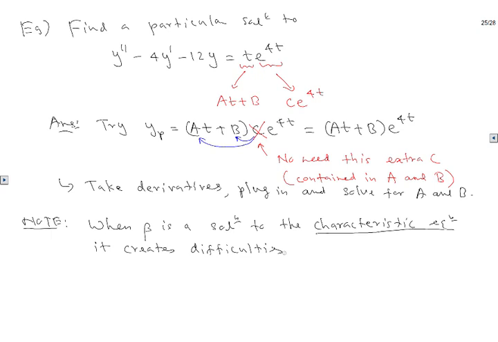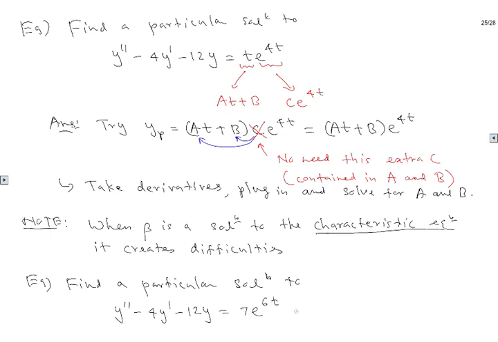So let's try to see how to do this kind of problem. The example: find a particular solution to y double prime minus 4y prime minus 12y, no change, but here we have 7e to the 6t. I'm going to call this equation number 4. So you have y double prime minus 4y prime minus 12y equals 7e to the 6t.